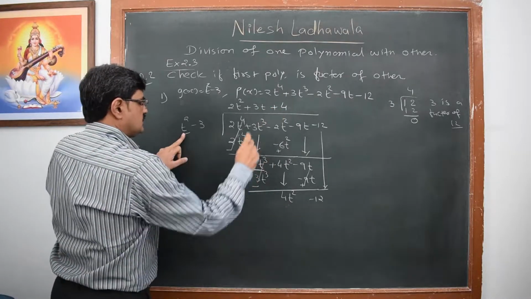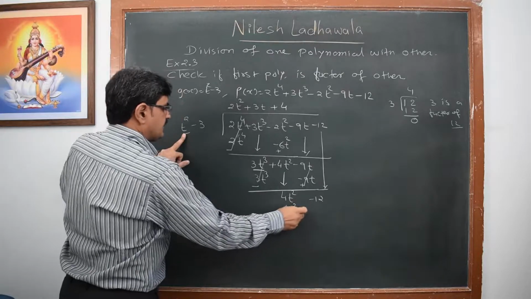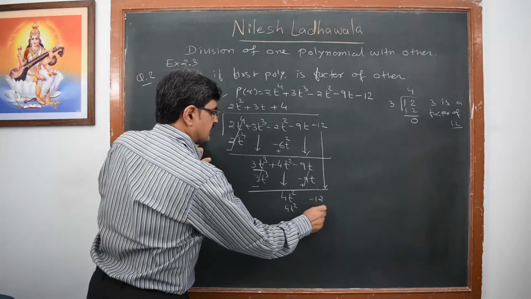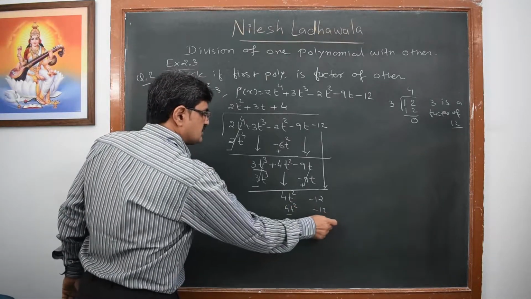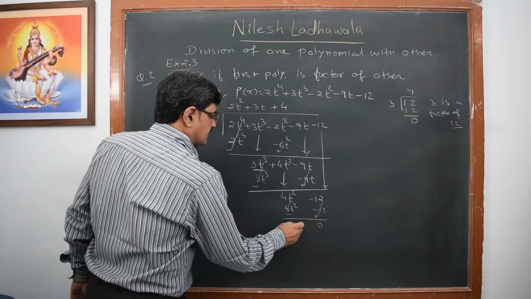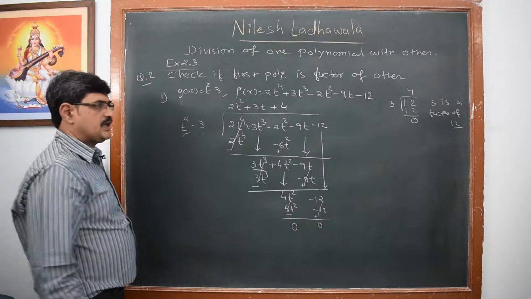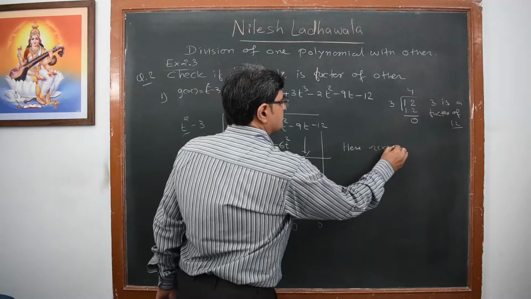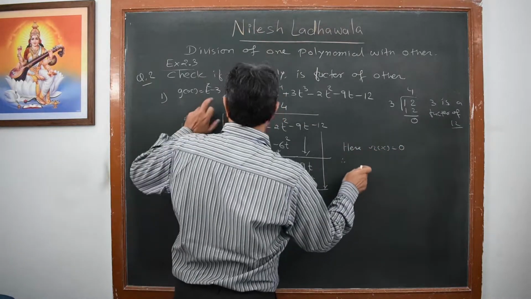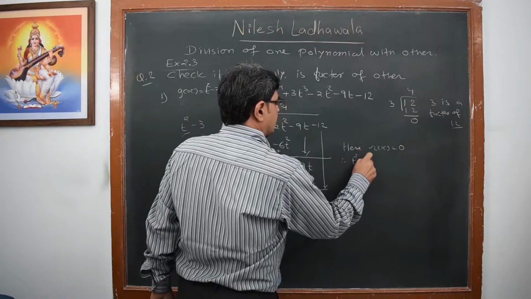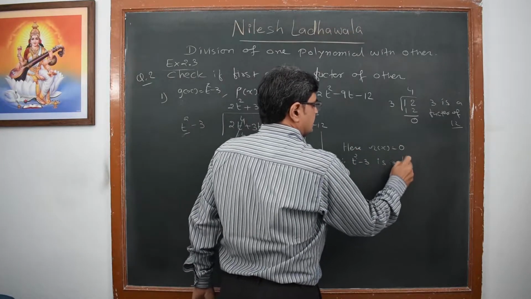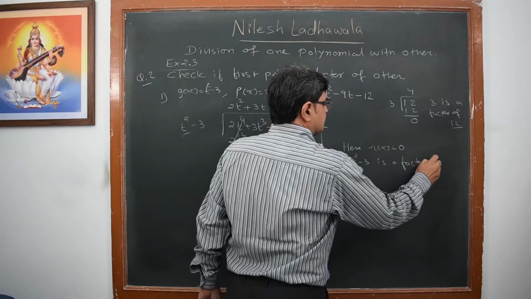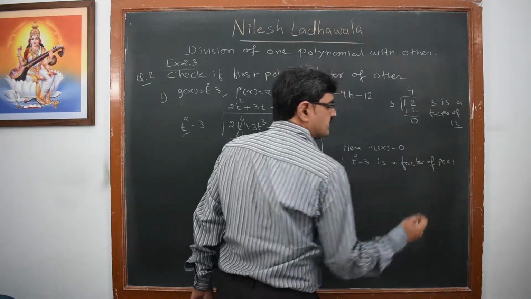So 4 into t square is 4t square. 4 into minus 3 is minus 12. Now I have to change the sign and I get remainder 0. So here I should write remainder is 0. Therefore I can say that t square minus 3 is a factor of p of x.